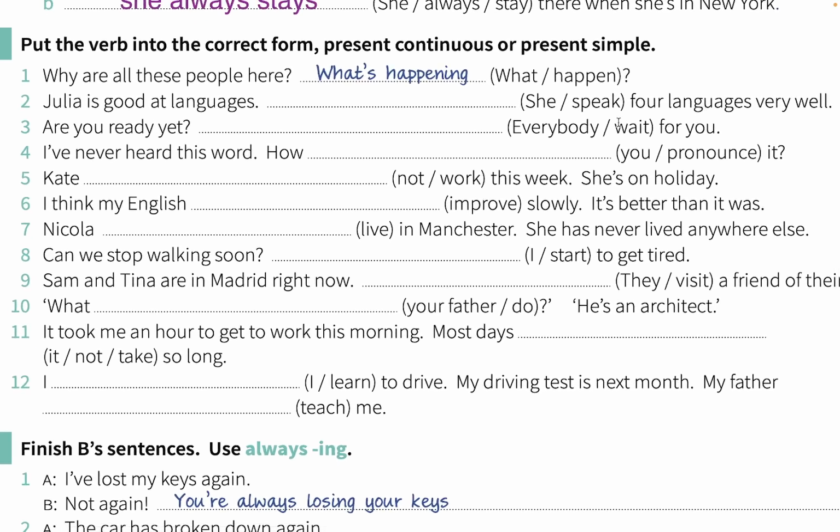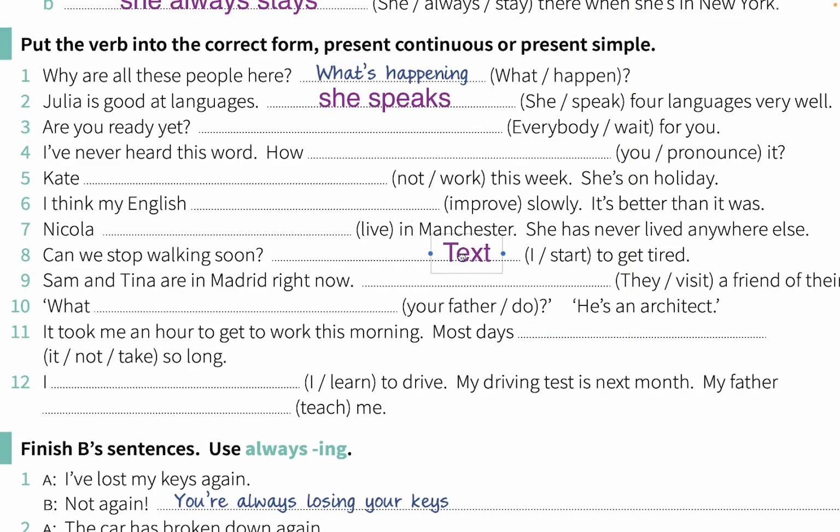Is it correct or not? Can anyone tell me? Correct. Yes, it's correct. She speaks 4 languages very well.